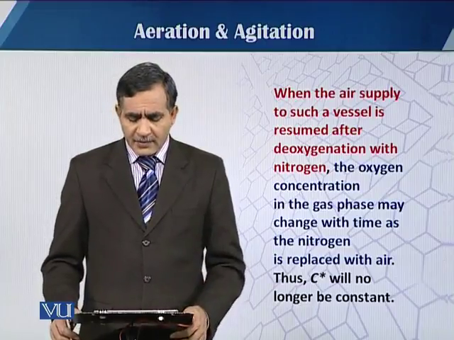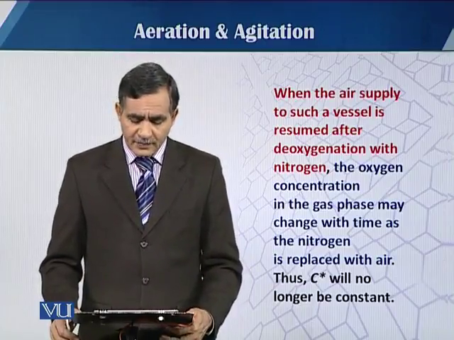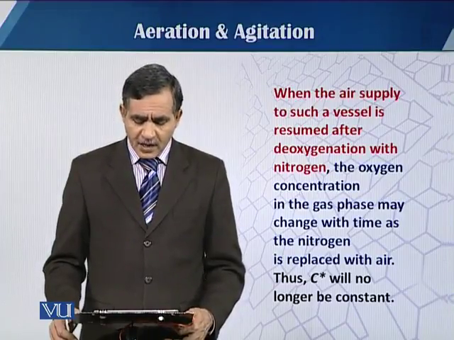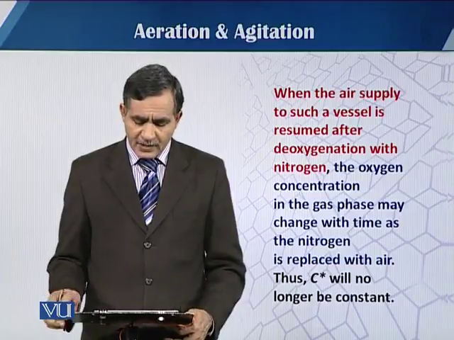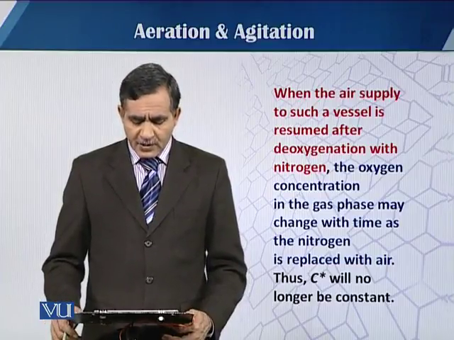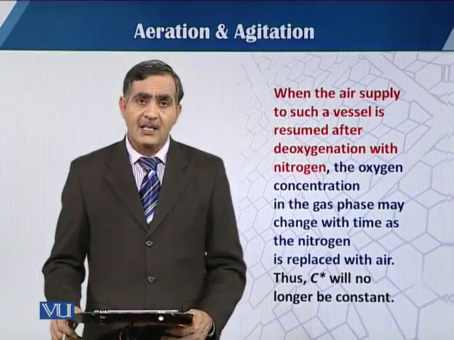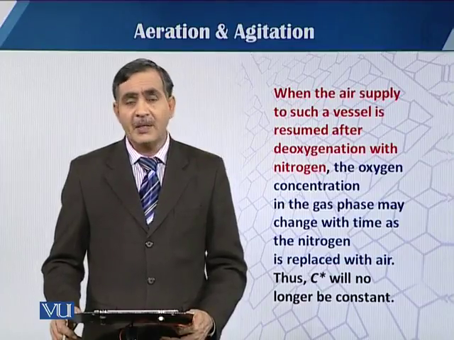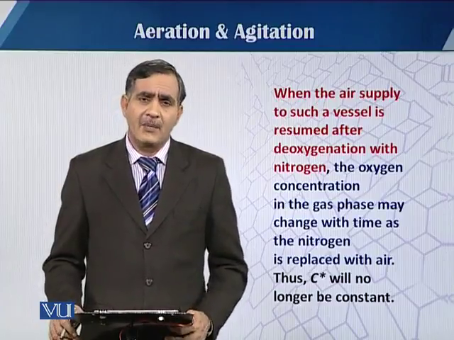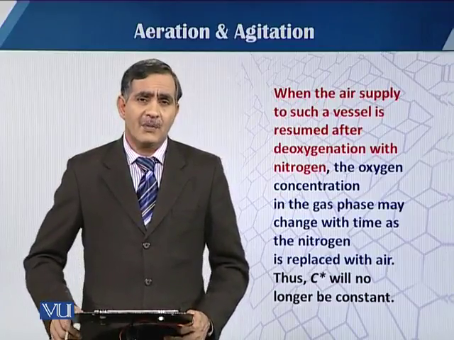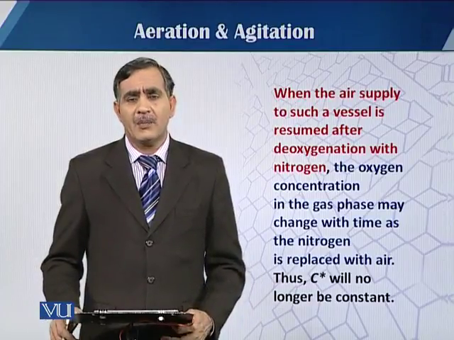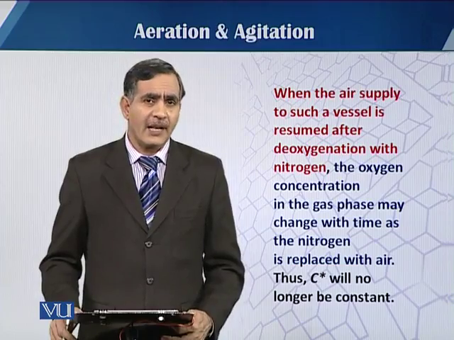When the air supply to such a vessel is resumed after deoxygenation with nitrogen, the oxygen concentration in the gas phase may change with time. So the nitrogen is replaced with air, and thus C star will no longer be constant. This is the limitation of the static method, but for large scale fermentation, this is another option, which we will discuss in our next module.